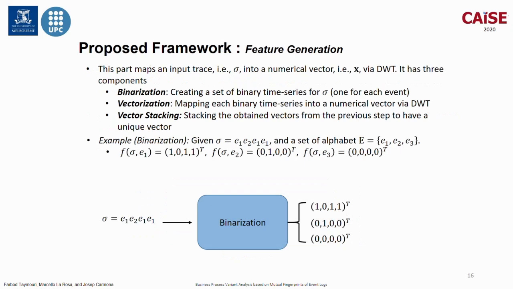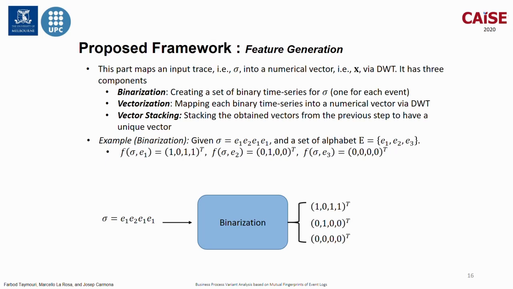Our feature generation has 3 steps: binarization, vectorization, and vector stacking. In binarization, given an input trace and the alphabet, a binary time series is generated for each event. It must be noted that binarization keeps both the frequency and the location of an event in the input trace.